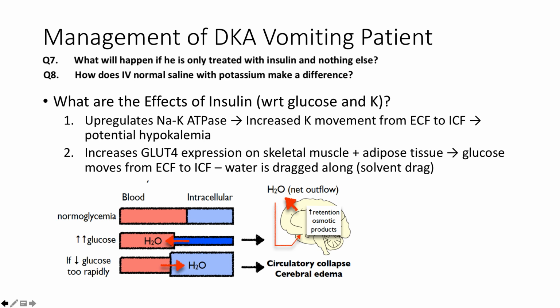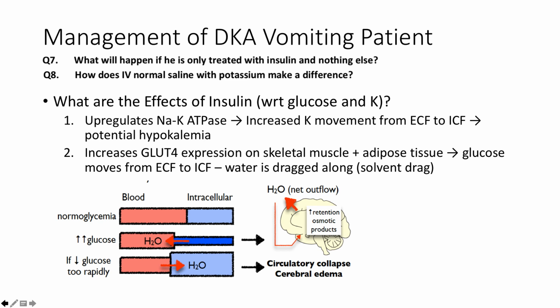When I give insulin suddenly, all the K that was drawn out will move back in. So my K, which is already low, will decrease even further. And when I get hypokalemia, what is the most dangerous complication? Cardiac arrhythmia, and then you die.